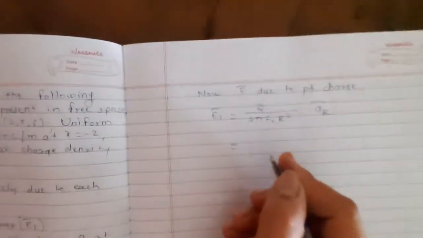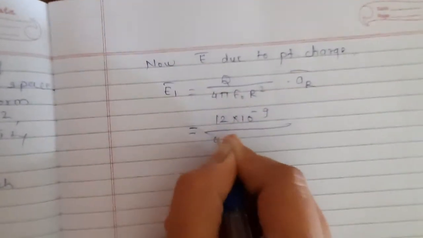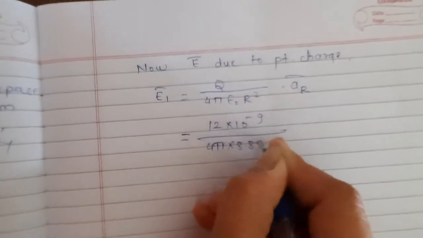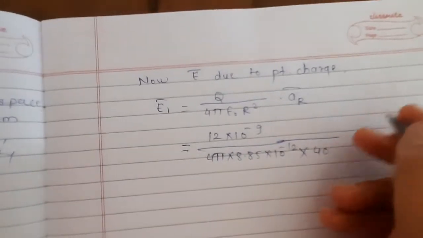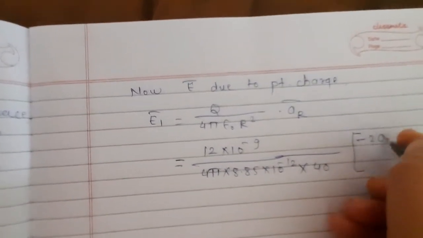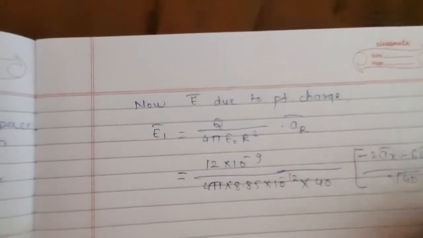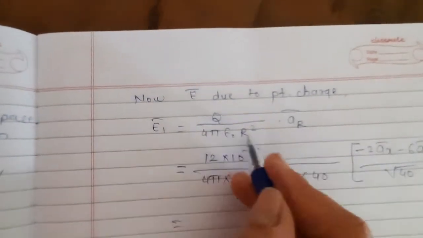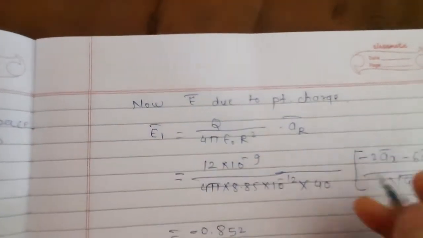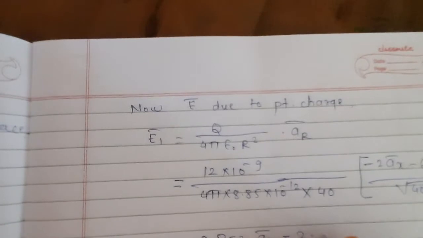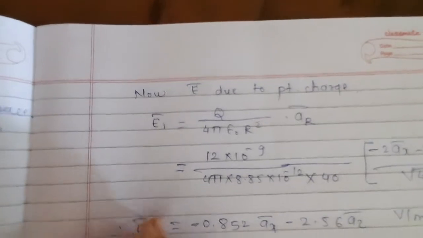Now the value of Q is 12 nanocoulomb, so it is 12 into 10 raised to minus 9 divided by 4 pi into 8.85 into 10 raised to minus 12 into r square, which is 40. By solving this part of the equation we get 0.852, and multiplying it inside, we get this answer in volt per meter. So this is E1 bar.